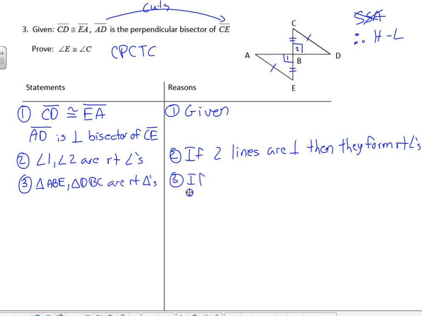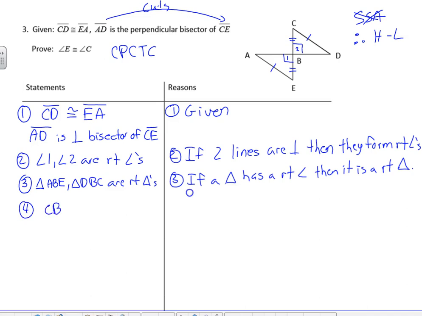Okay, if a triangle has a right angle, then it is a right triangle. So we've said that it's a right triangle. We've got the hypotenuse congruent to the hypotenuse. We've got to get the other leg, and it's part of this reason that AB is a bisector of CE.